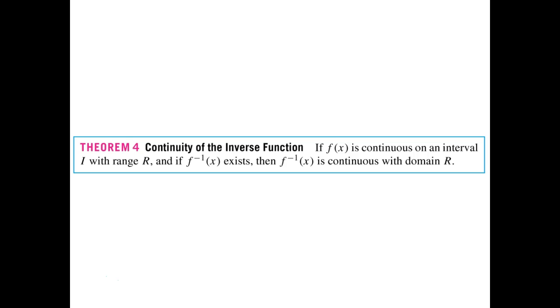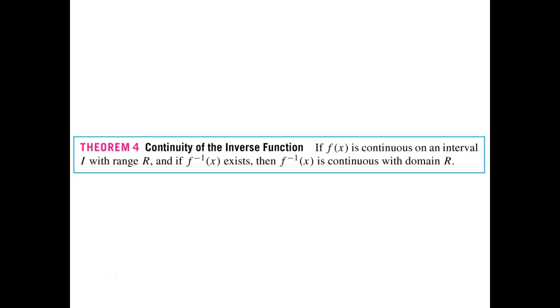But when you get bigger, hairier looking functions, what do we mean by inverse there? If f of x is continuous on some interval I with a range of r, okay? So it's continuous on some interval I. The interval I is along the x-axis, range of r along the y-axis.